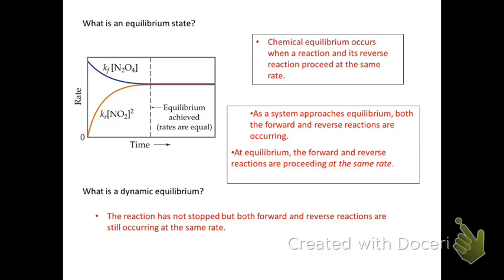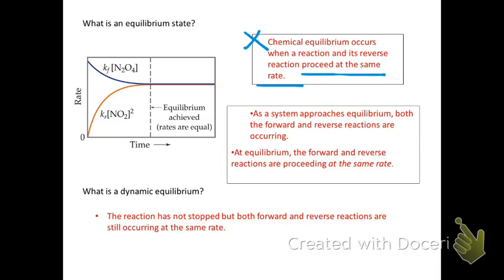Well, essentially, an equilibrium state occurs, and I have an important point here, when a reversible reaction has forward and reverse reactions that proceed at the same rate. Alright? So as soon as the forward and backwards reaction are occurring at the same rate, we have hit an equilibrium state. And this can be seen by this graph here.